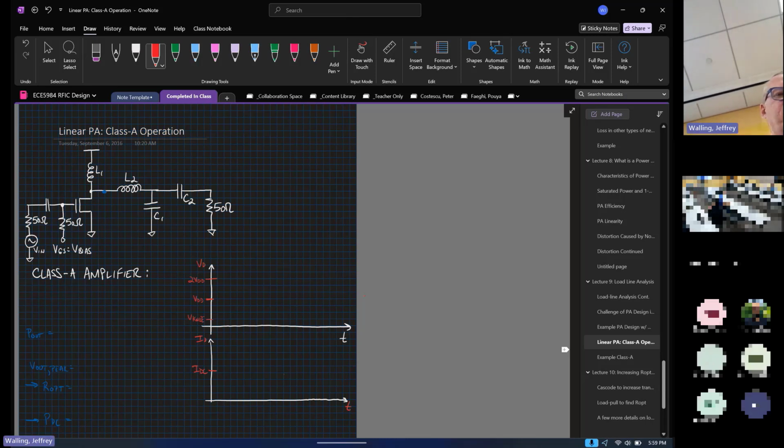Now, normally for a big power device, you're going to have some parasitic cap here, CP. As we showed the other day, we probably try and take the shunt inductor L1 and resonate it with that capacitor.